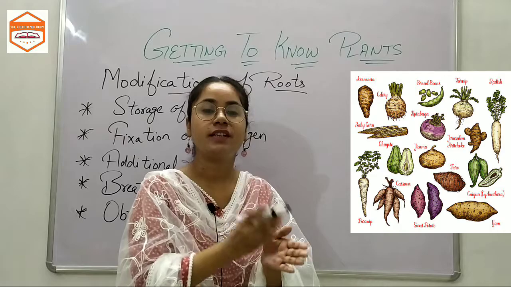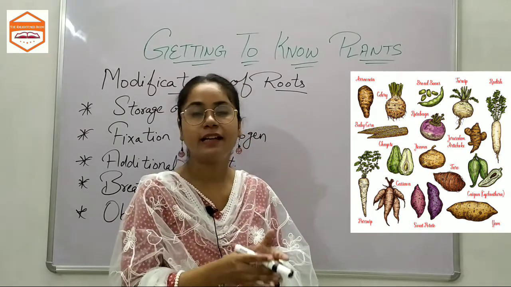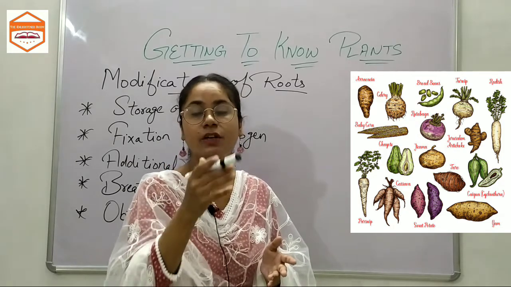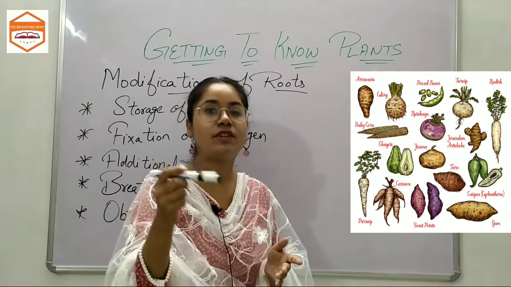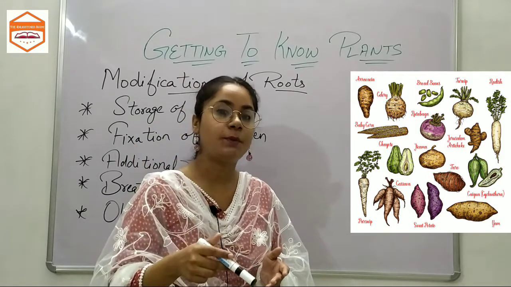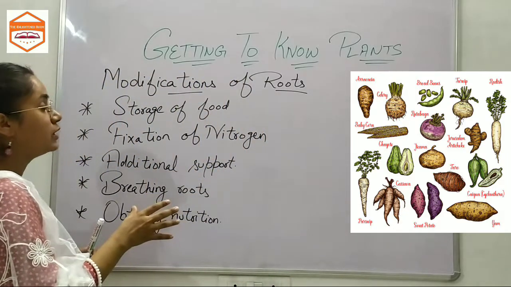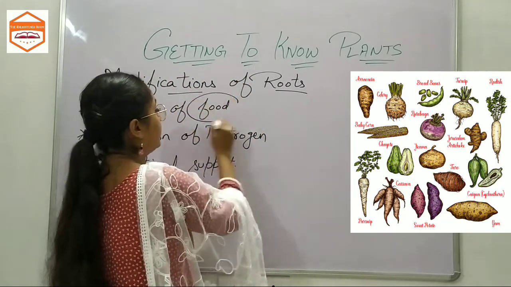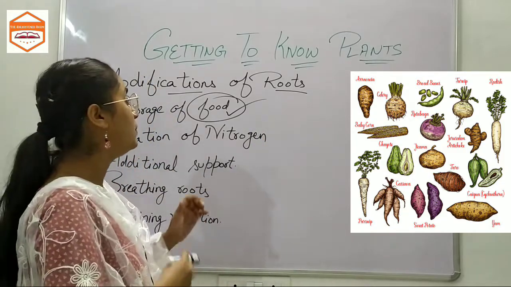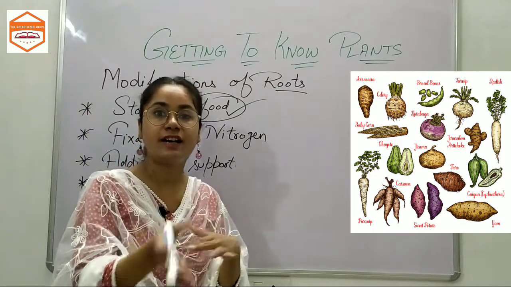Radish, turnip, beetroot, carrot, these are all tap roots. If you have noticed, these roots are a bit swollen compared to the other secondary roots. Secondary roots are thread-like, but the main root or tap root is swollen because it contains the food prepared by the plant, such as the carrot plant or the radish plant.